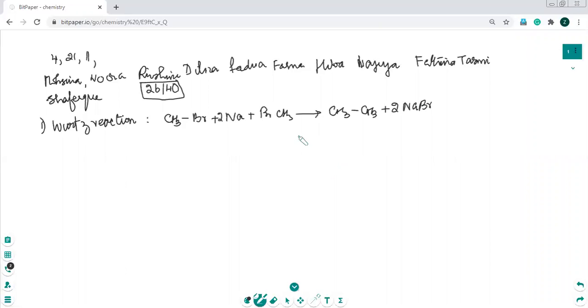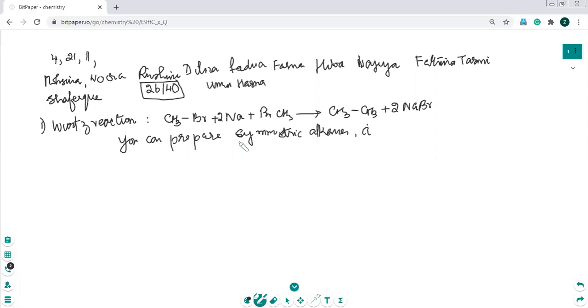Now see here, there is some peculiarity about this reaction. You can prepare symmetric alkanes, that is, alkanes with an even number of carbon atoms.